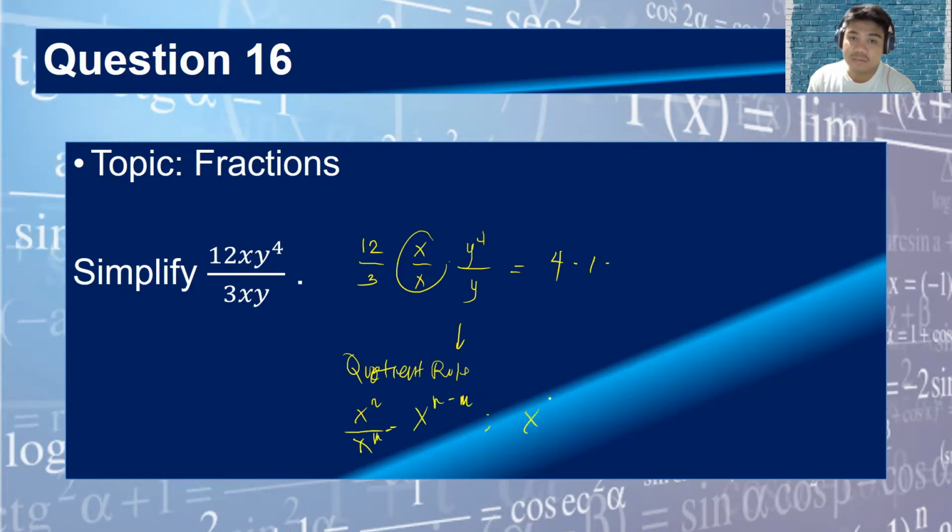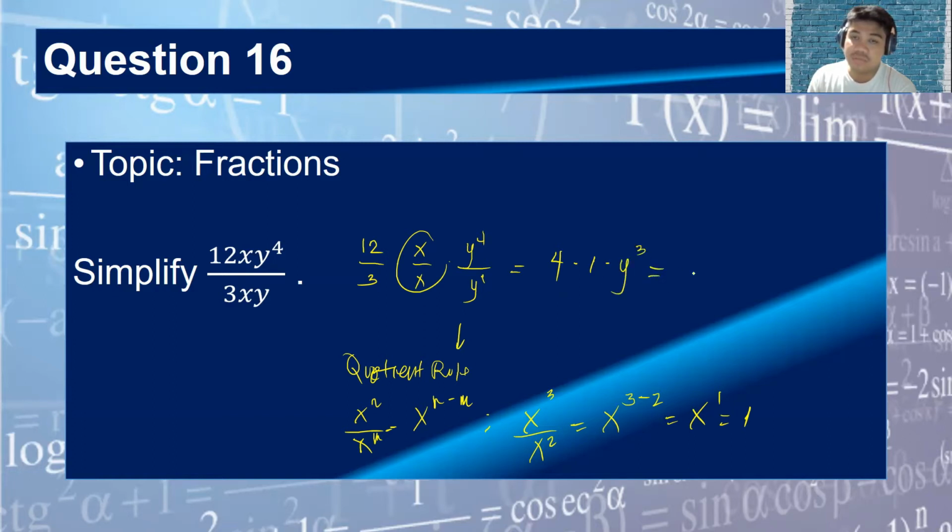So for example, x raised to 3 over x raised to 2. Ang magiging sagot dyan will be x raised to 3 minus 2 is equal to x raised to 1 or x. So sa case natin dito, y raised to 4 divided by y, and alam naman natin na there is an invisible 1 sa ating denominator. So ang sagot natin dito is y raised to 3.